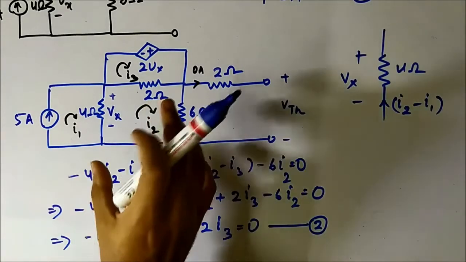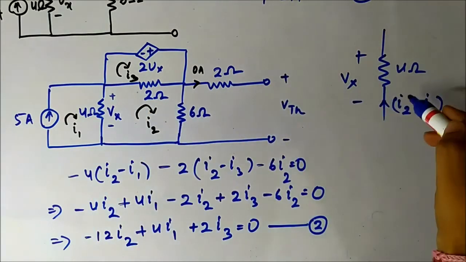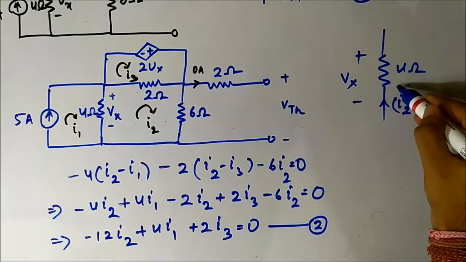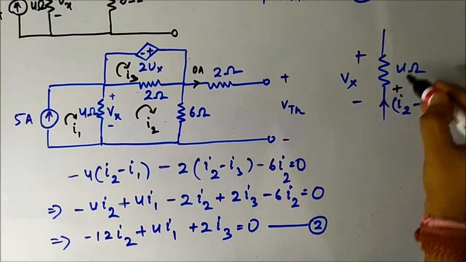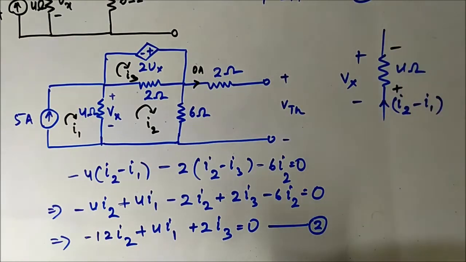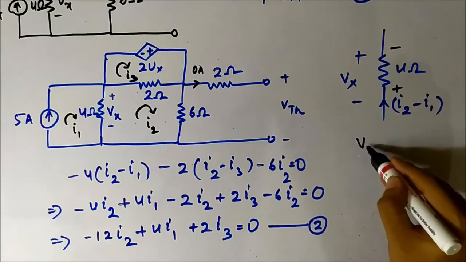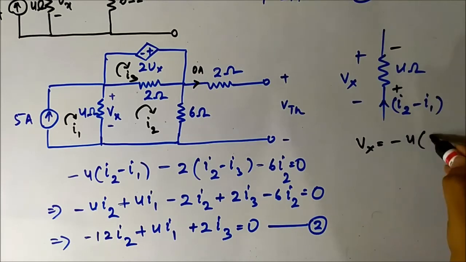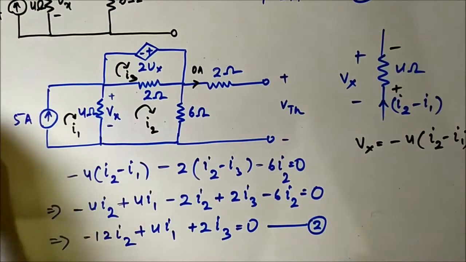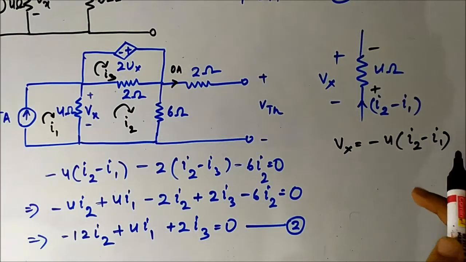When you consider I2 as the reference, the voltage drop will be in this way, plus minus, and Vx will be equal to minus 4 into (I2 minus I1).